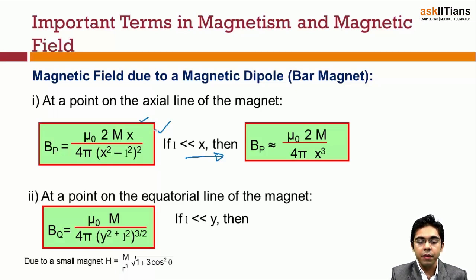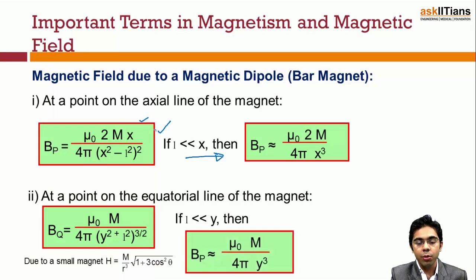Again, if L is very small compared to y, then BQ comes out to be mu naught by 4 pi times m by y cube. So these are the relations to remember, but you don't have to remember the special case formulas separately.